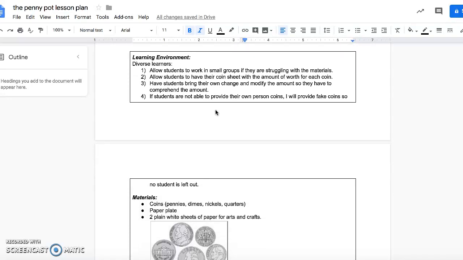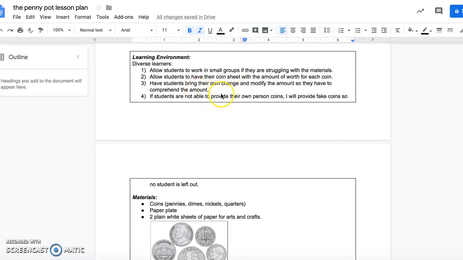For diverse learners, someone who needs assistance will be allowed to work in groups if they are struggling. Students will be given their own coin sheet that I will provide, which has all the information on the coins and how much each is worth, to help them through the lesson.